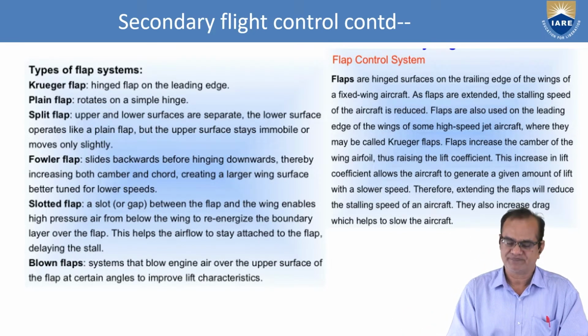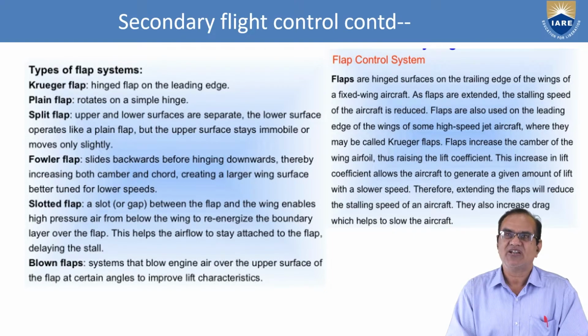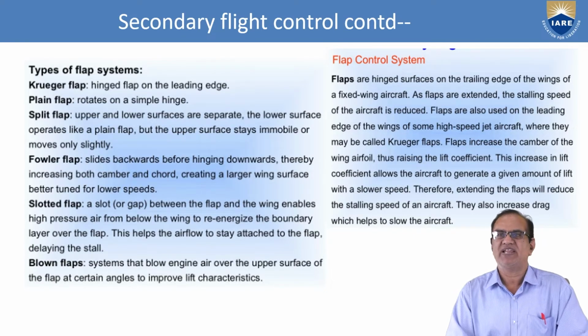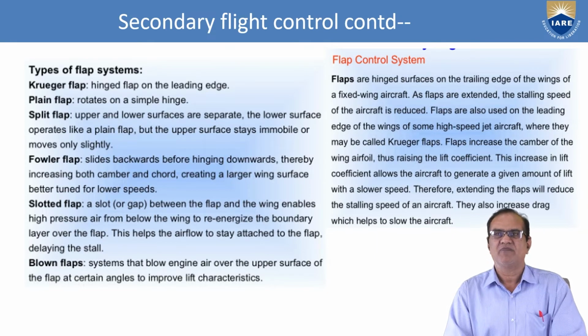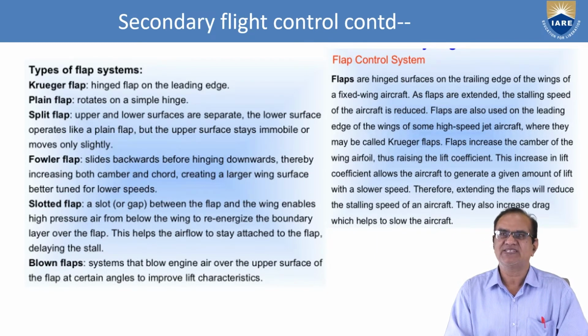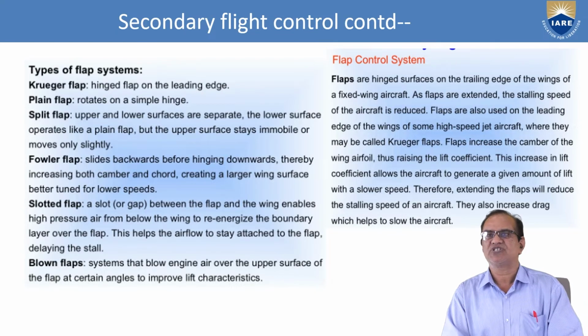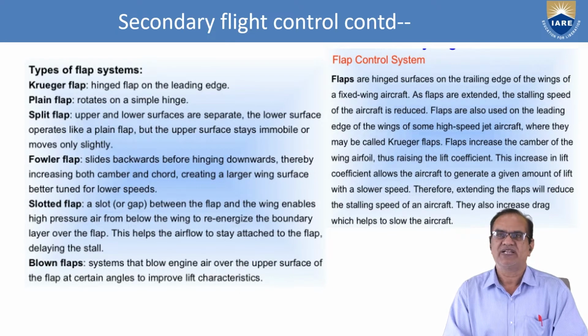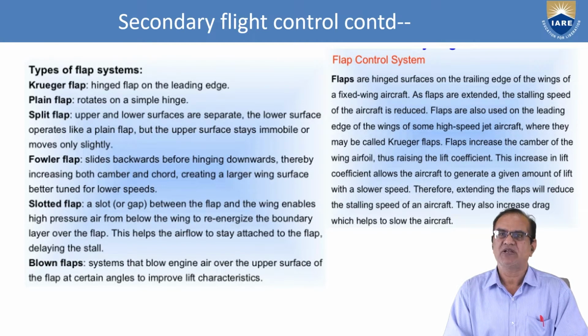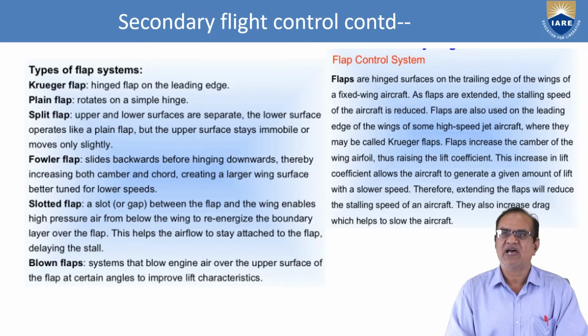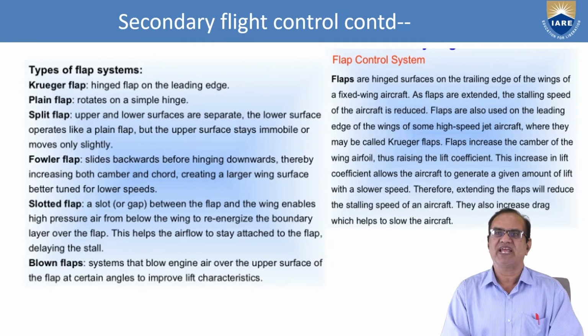Slotted flap, a slot or gap between the flap and the wing enables high pressure air from below the wing to re-energize the boundary layer over the flap. This helps the airflow to stay attached to the flap and delays the stall. Blown flaps, a system that blows engine air over the upper surface of the flap at a certain angle to improve lift characteristics.